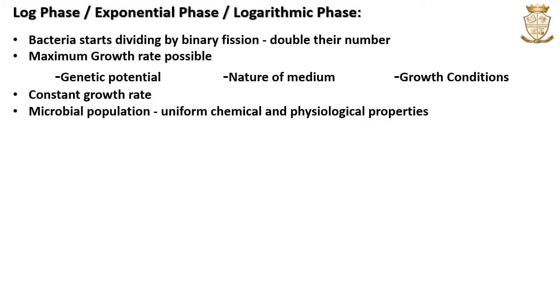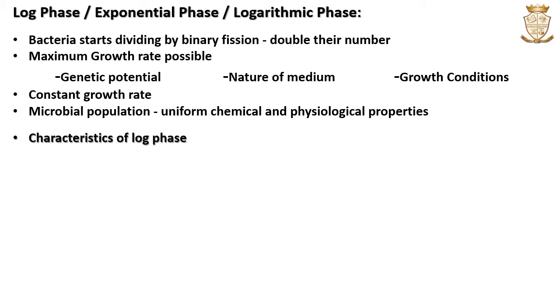This phase is termed exponential phase since rapid multiplication and increase of cell numbers occurs geometrically or exponentially. And during this phase, the microbial population is most uniform in terms of chemical and physiological properties, and thus cultures during their exponential phase are usually used for biochemical and physiological study purposes.